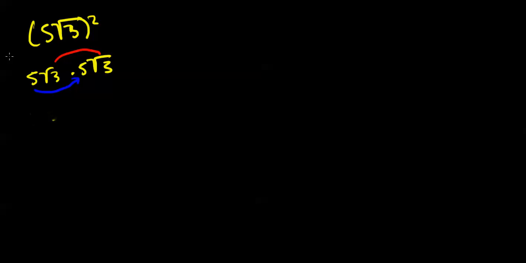So we have 25 radical 9. And then we can go ahead and simplify the radical 9 to 3, because the square root of 9 is 3. So 25 times 3 equals 75.